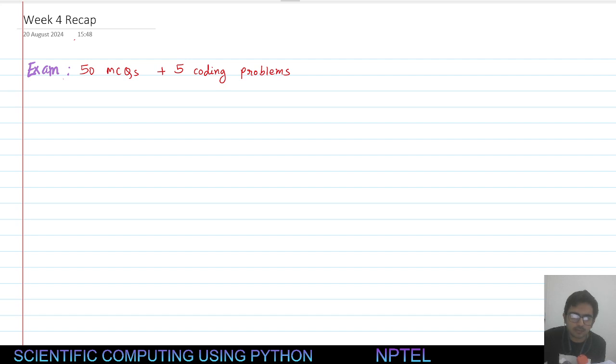They will have their own portal or platform where you can code and run the Python code. Okay, so that's it. And now let's begin with the recap.